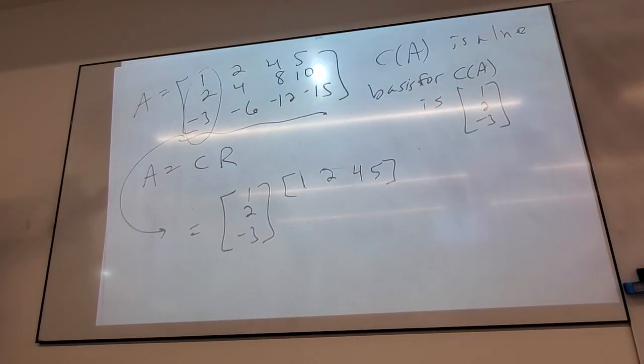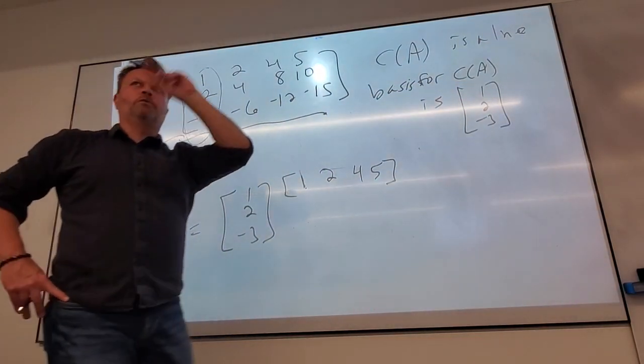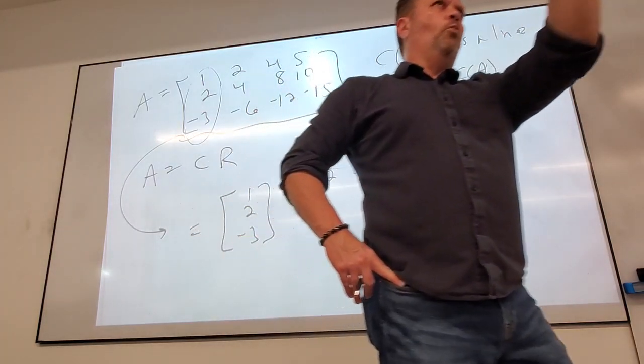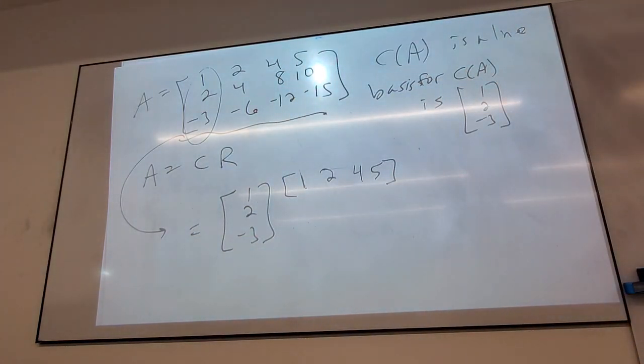Now this is where I have to be careful, because this only works for this one. If I row reduced this, do you see that if I double the first row and subtract it from the second, I get zeros? And if I triple the first row and add it to the third row, I get zeros?